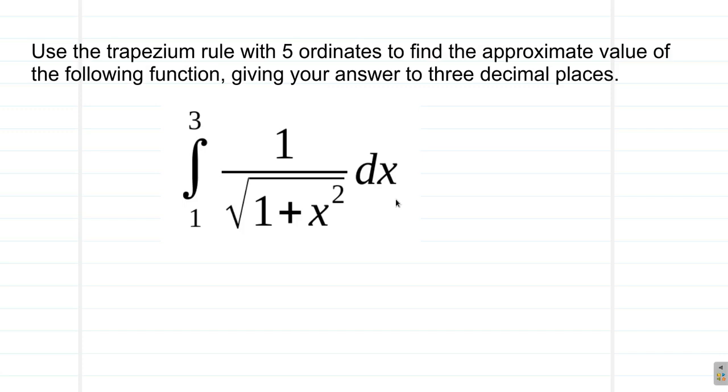Use the trapezium rule with 5 ordinates to find the approximate value of the following function, giving your answer to 3 decimal places. It's the integral from 1 to 3 of 1 over the square root of 1 plus x squared dx.